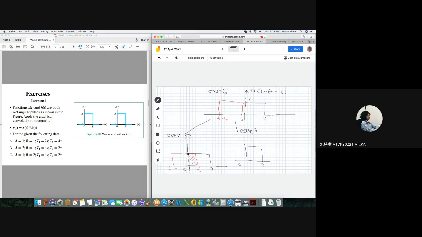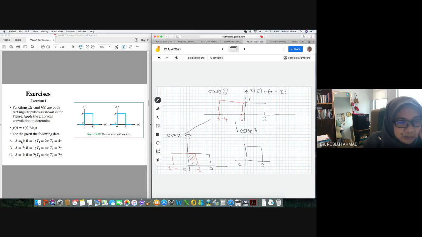Okay, this is yang A dia punya ni ada 1 and T1 is 2. So this one kan 2. And then B tu 1 juga tapi T dia adalah 4. So lebar dia ni 4, yang merah ni. So it will start overlap bila merah ni datang sini. The start overlap between T, okay, until kalau kita lihat dekat sini bila case tu dia sampai kat sini.